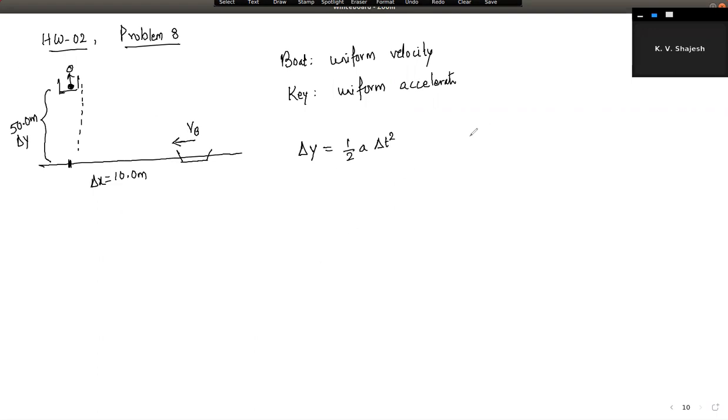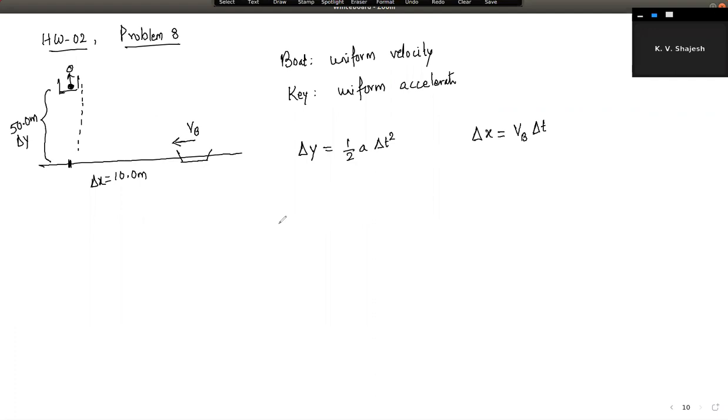As far as the boat goes, it travels a distance delta x with uniform velocity. So delta x is equal to the velocity of the boat times delta t. And of course, delta t is exactly the same for both.